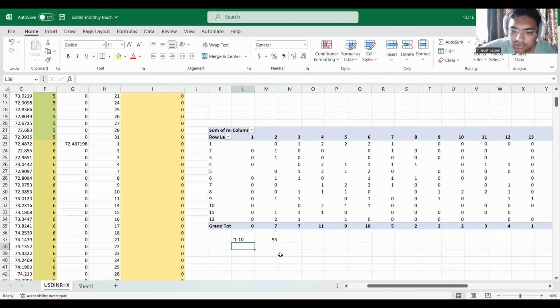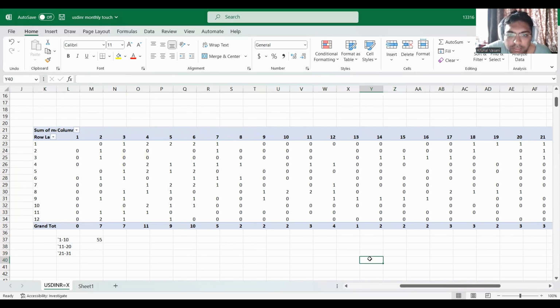In the second 10 days, how many times has it touched?